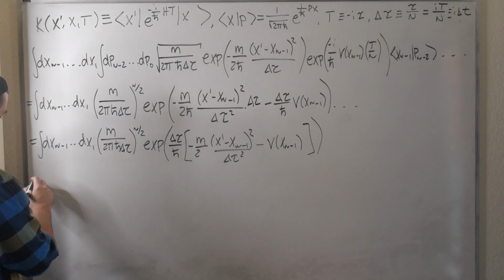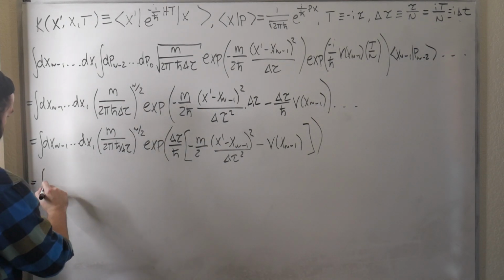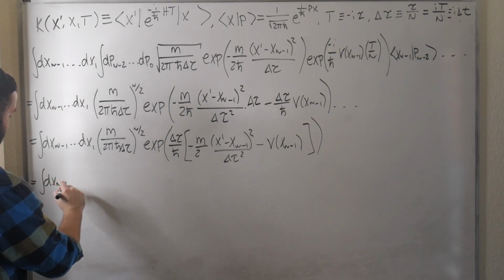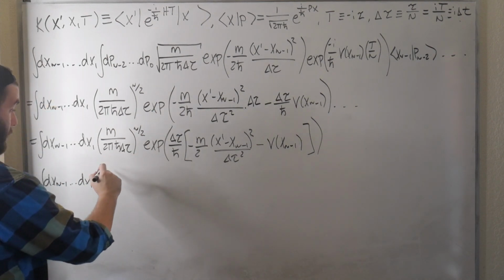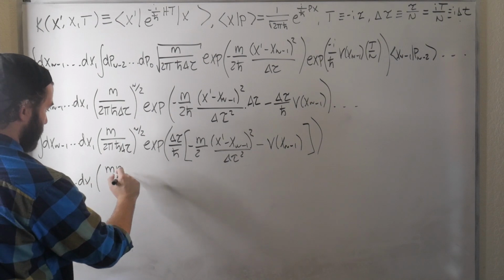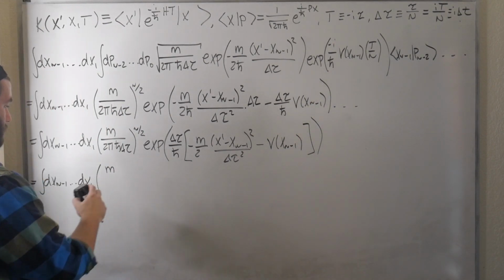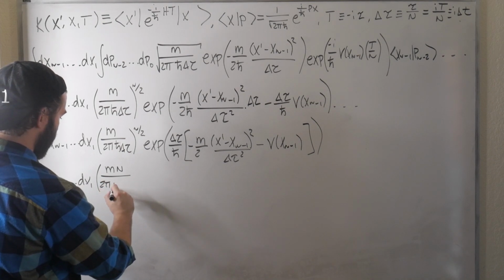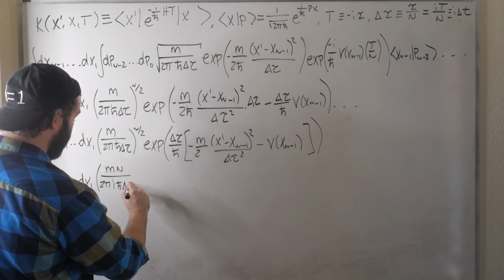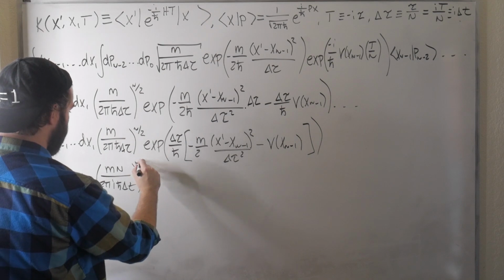This is equal to the integral dx of n minus 1 dot dot dot dx1. This is going to be an m, big N, over 2 pi i h bar delta t to the n halves.